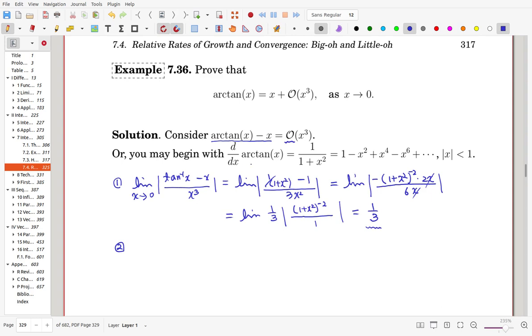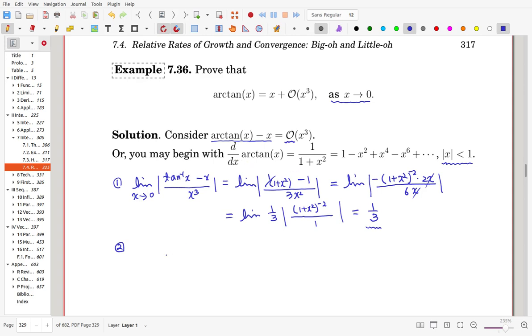Here the hint is given that the derivative of arctangent is 1 over 1 plus x squared, once the absolute value of x is less than 1. We are thinking of the condition as x approaches 0, so we may assume that x satisfies this condition, and then we can write 1 over 1 plus x squared in this way.